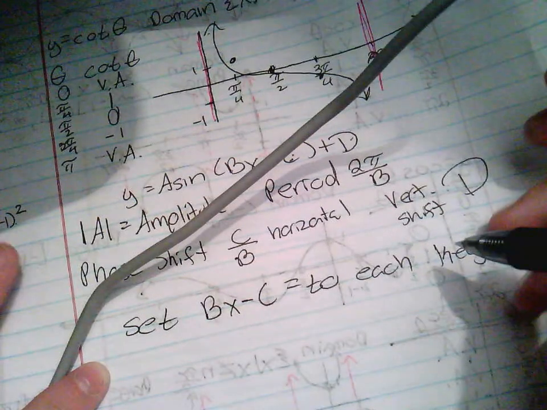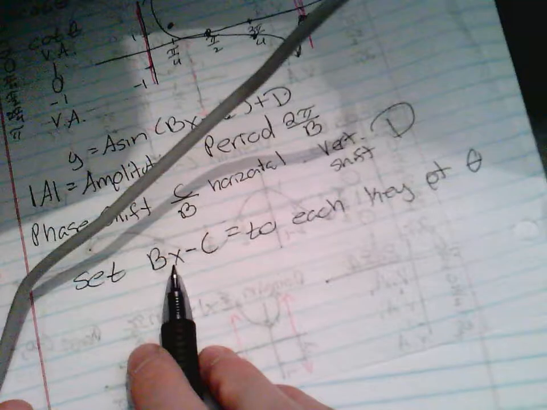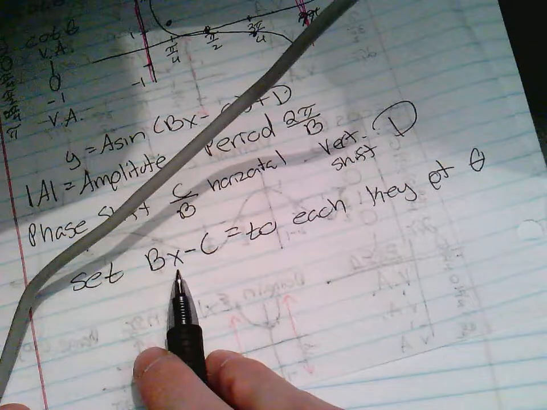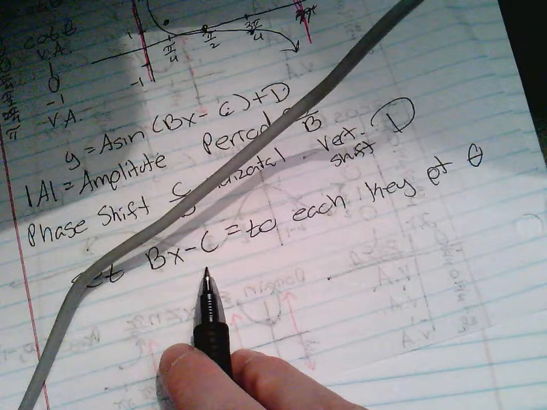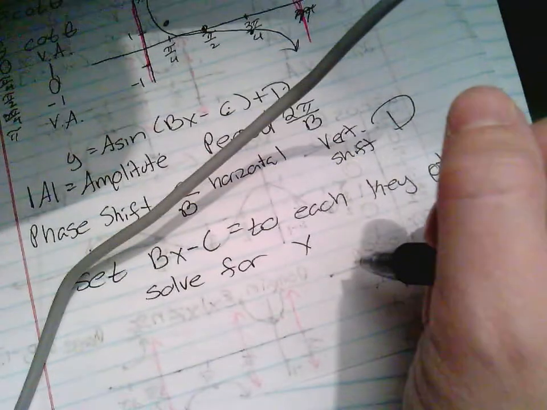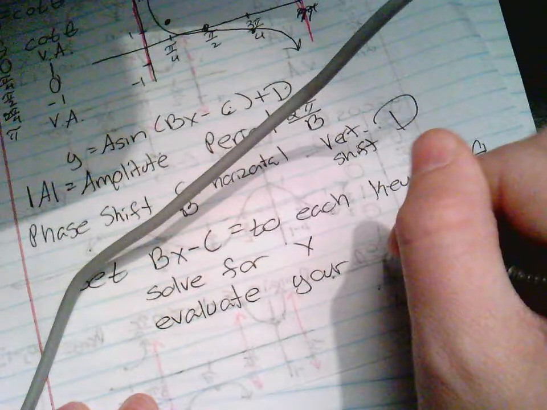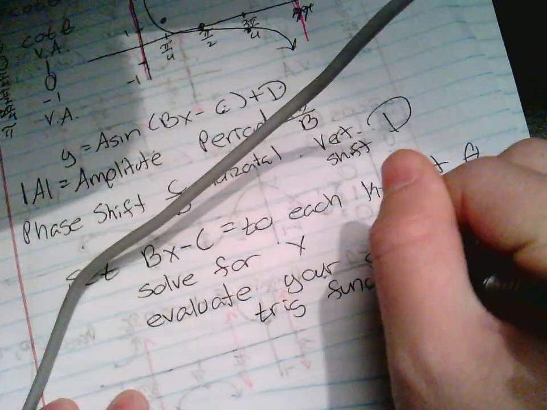So if I was doing sine, I would do bx minus c equals 0, solve for x, plug it in, bx minus c equals pi over 2, solve for x, plug it into the sine function that was given. So key point theta, then solve for x, and then you're going to evaluate the trig function, and then evaluate your given trig function. Okay, so it's going to be a good idea for you to be familiar with your key points.